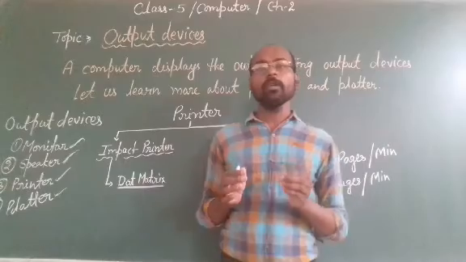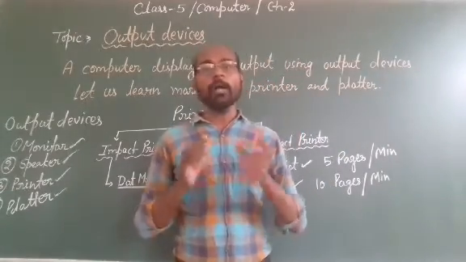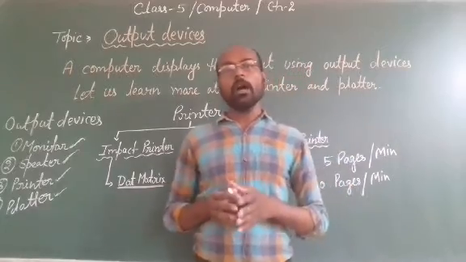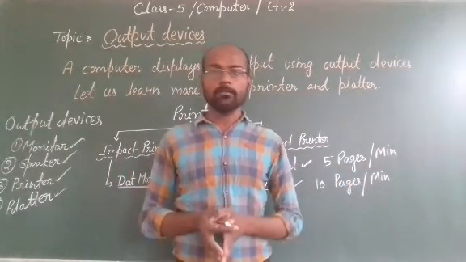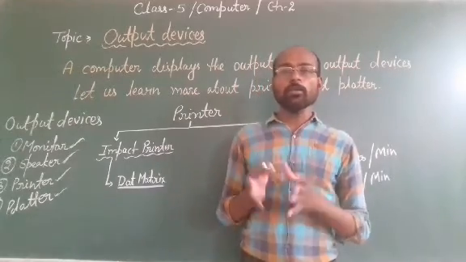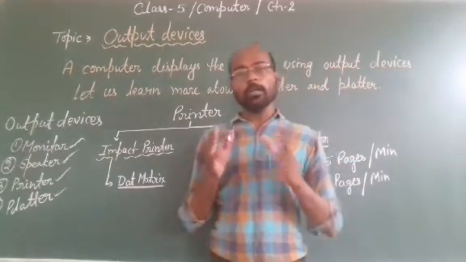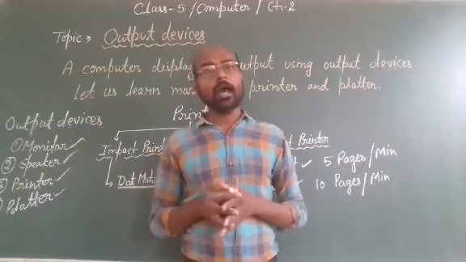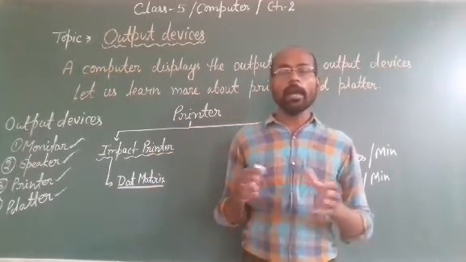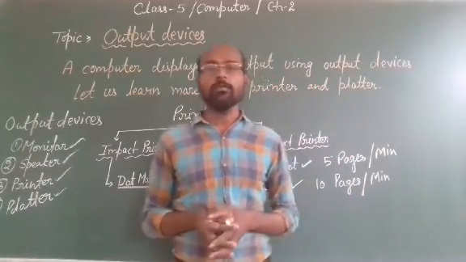Students, listen carefully. A plotter prints vector graphics, which means it can print on very large sheets while maintaining high resolution. It is used for creating high quality designs, graphics, charts, diagrams and so on.